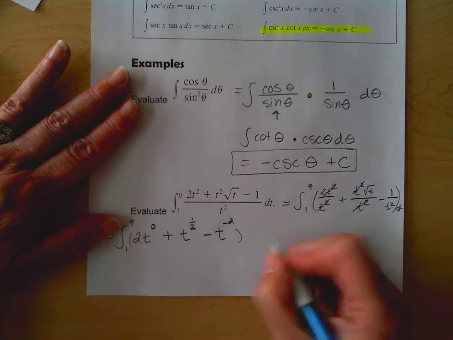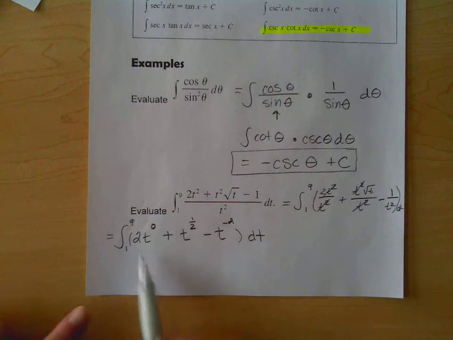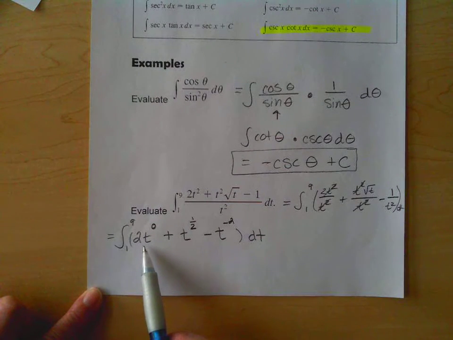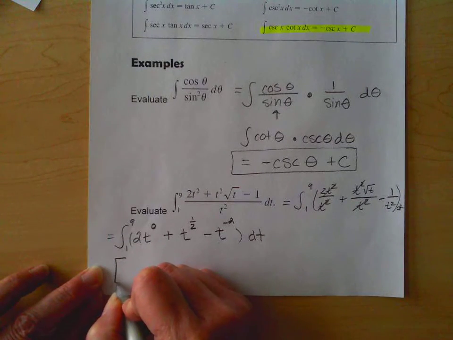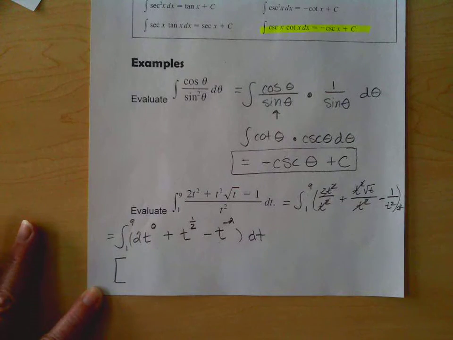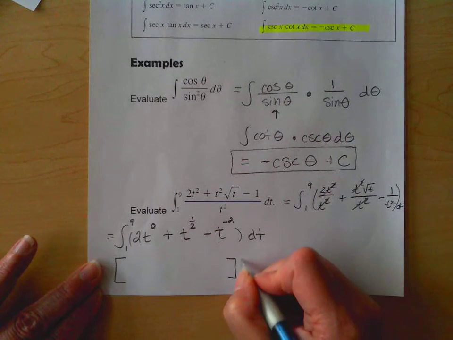So now it's just as simple as applying that exponent rule for integrating over each of these three. The way I'm going to address this definite integral is I'm going to write the integration in a bracket. Then I'm going to have this vertical line saying that t is going to go from 1 to 9.